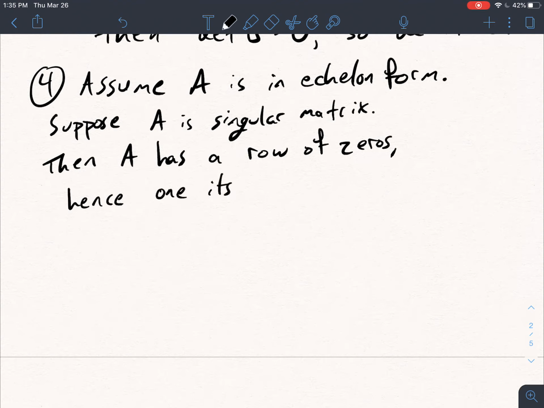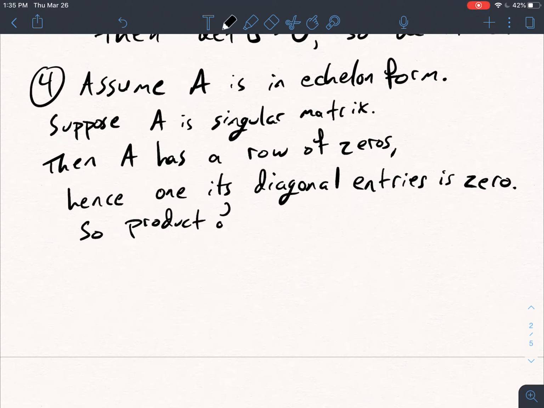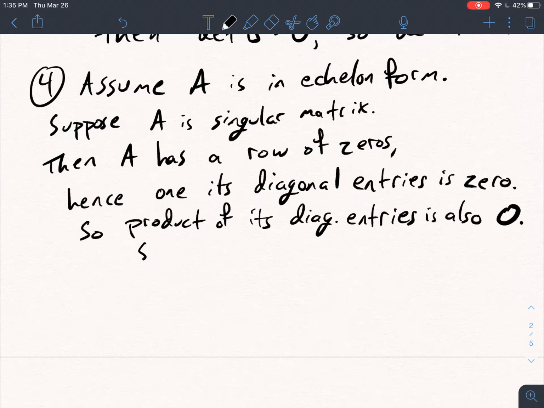Hence, one of its diagonal entries is 0. So the product of its diagonal entries is also 0. So the determinant of A is equal to 0 because it's a singular matrix, which is equal to the product of its diagonal entries.